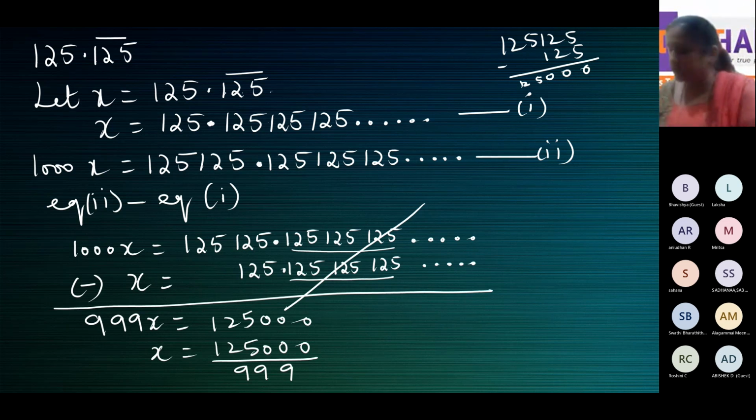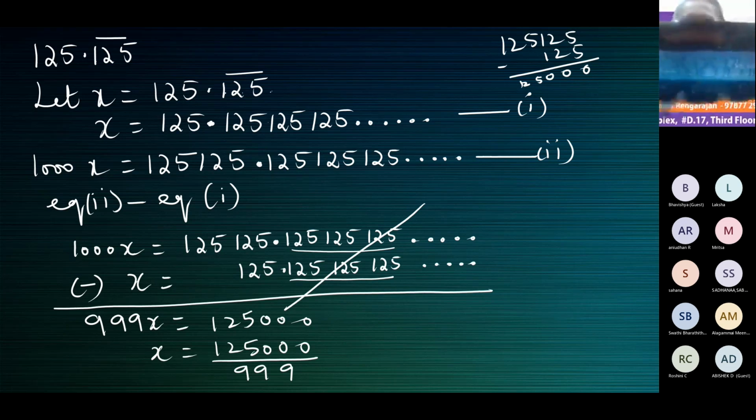If you use your calculator, see here, I have the calculator with me. I'm going to feed this information. I'm going to say 125 3 zeros divided by 999 and see what my calculator says. I don't know if all of you can see it, but I'm trying to show it.